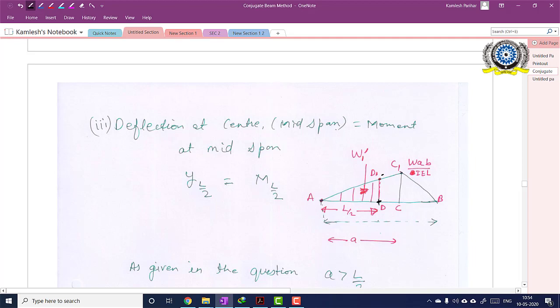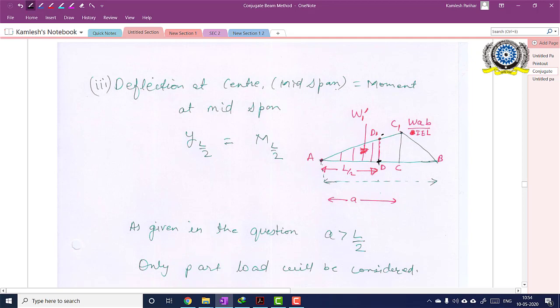So how to find out the bending moment? It's again very simple. The reaction RA acts upward, and then there is load W1 dash. Now this W1 dash is slightly smaller than W1. This will be less than W1 because W1 is the load of this total first portion of the triangle. So now I have to find out W1 dash also. So how will I find out W1 dash?